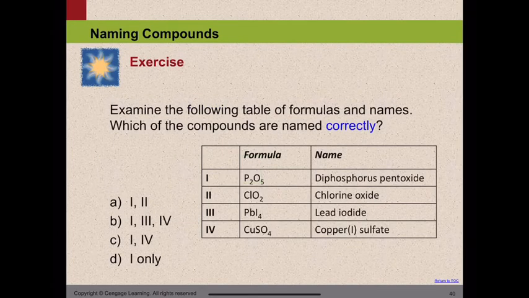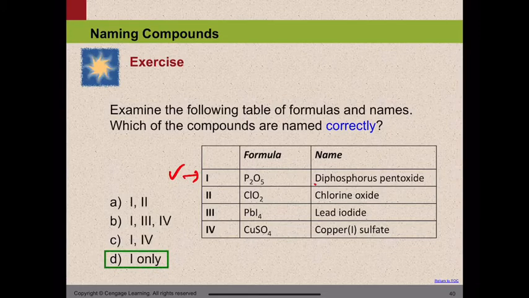Now this one's a little tougher. You've got a chart with 4 substances and their names associated with them, and the question is, which of these is named correctly? Well, the only one named correctly is 1.